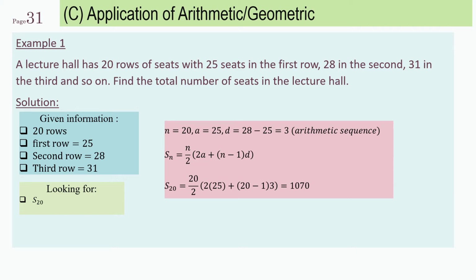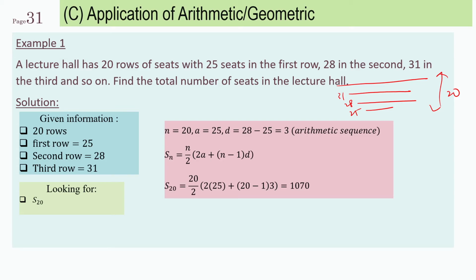So you need to imagine a hall where the number of seats is increasing. The total rows is 20, the first row is 25, the second is 28, the next is 31. In your mind you must come up with two options only, arithmetic or geometric. We always test for arithmetic because it's easier to pass.